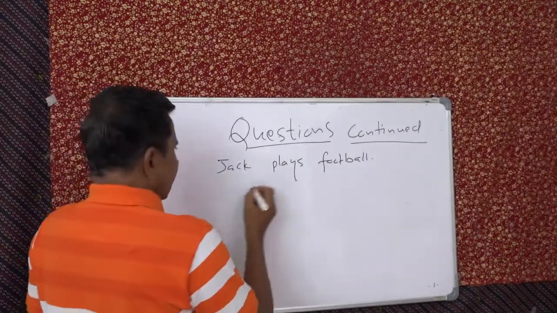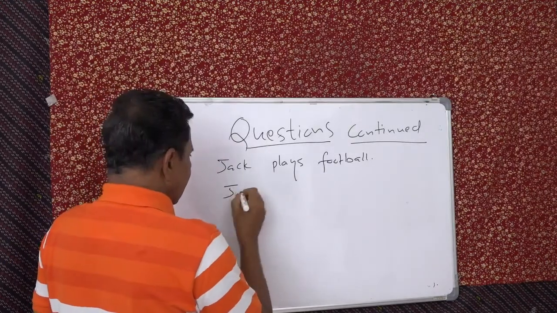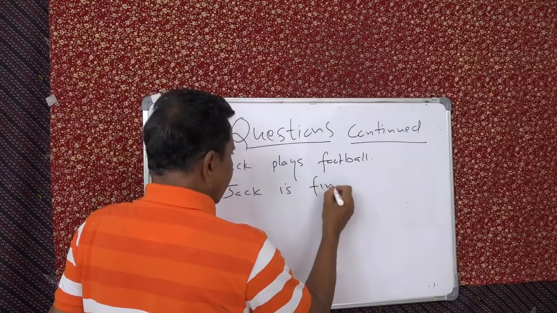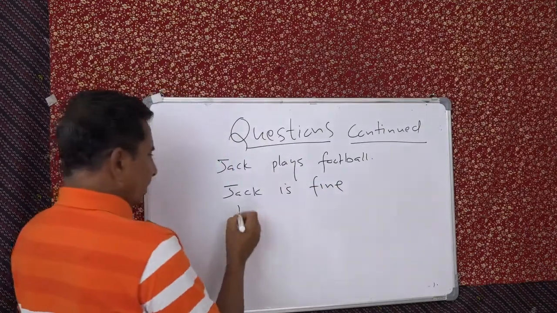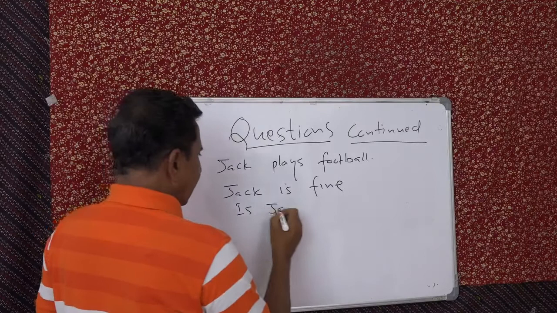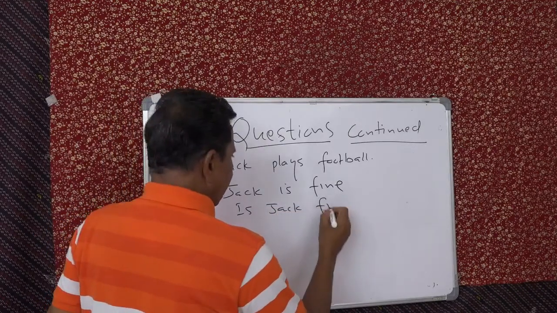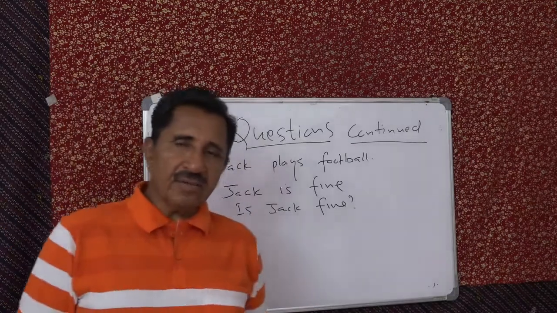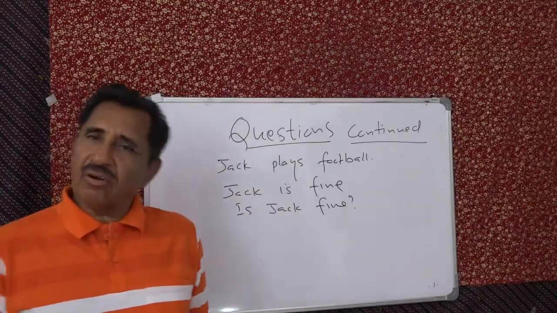See, in this case, Jack is fine. The symbol is, is Jack fine? So that becomes a yes or no question. Either you have to say yes, the answer is yes or no.